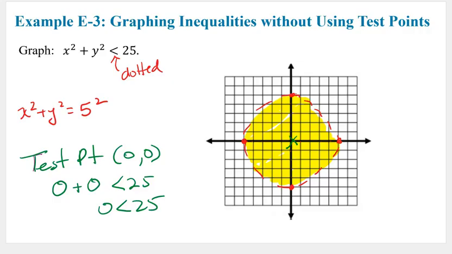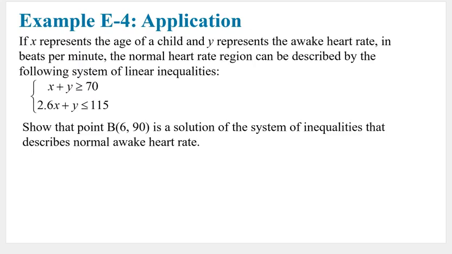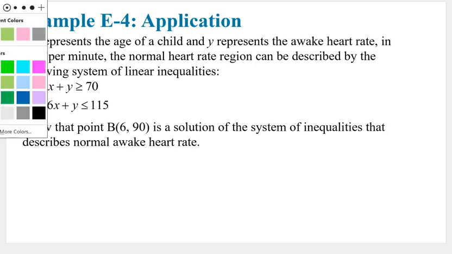All right, now we have some applications where we can also use these inequalities, and here's one right here. Here's a system of inequalities, which we have two inequalities. We have our first inequality, we have our second. So X represents the age of the child and Y represents the heart rate. If you are reading these, I am a big fan of highlighting stuff.